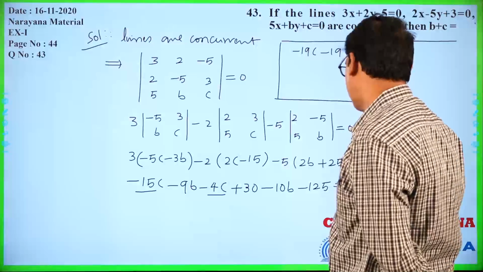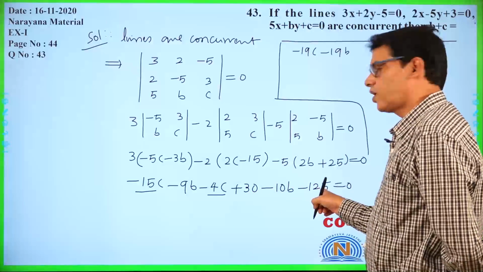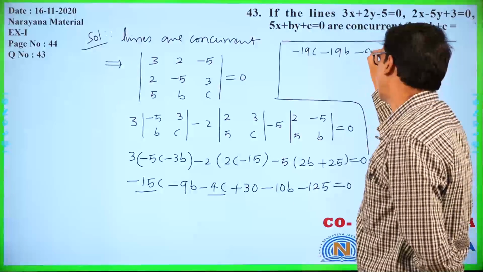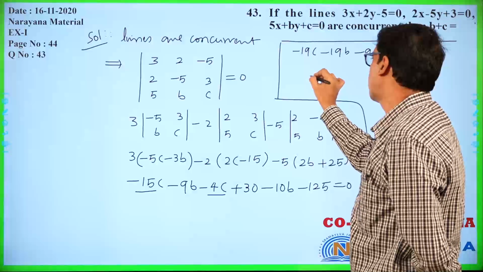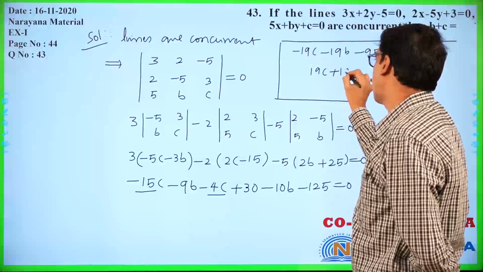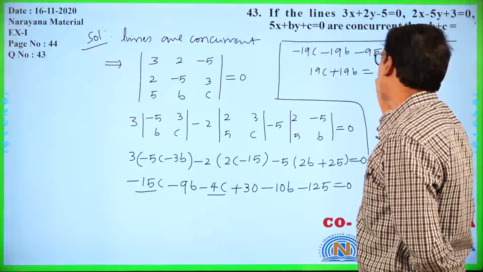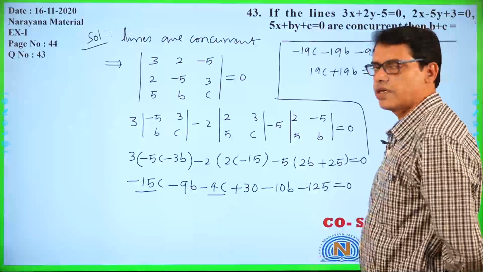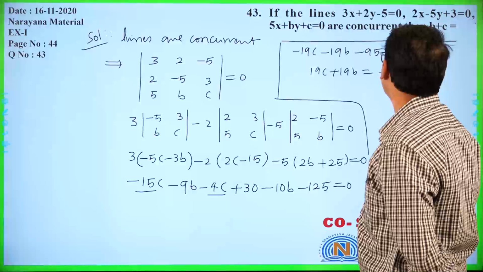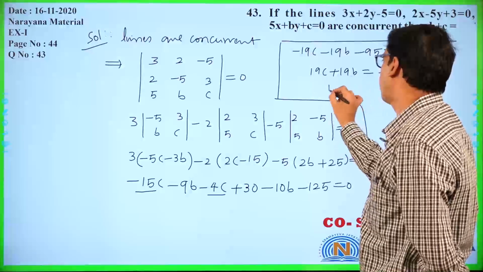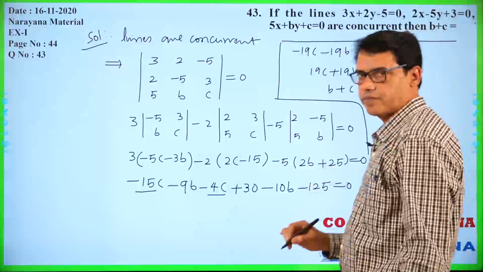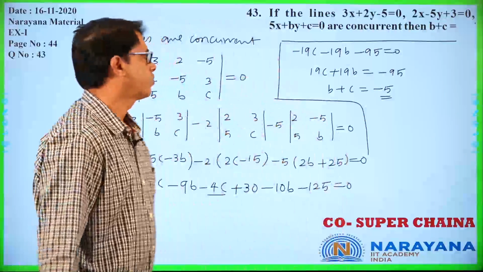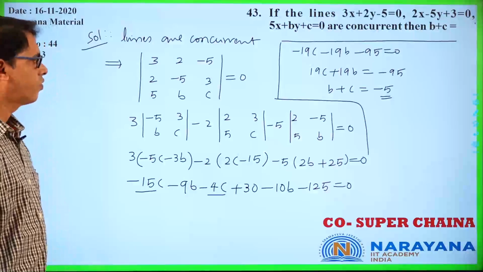Now constants: 30 minus 125 is minus 95, equals 0. So from this you can take out 19c plus 19b equals minus 95. Take 19 to the other side. What is the required value, b plus c? Taking 19 to the other side, b plus c equals minus 5. Okay? So the b plus c value equals minus 5.